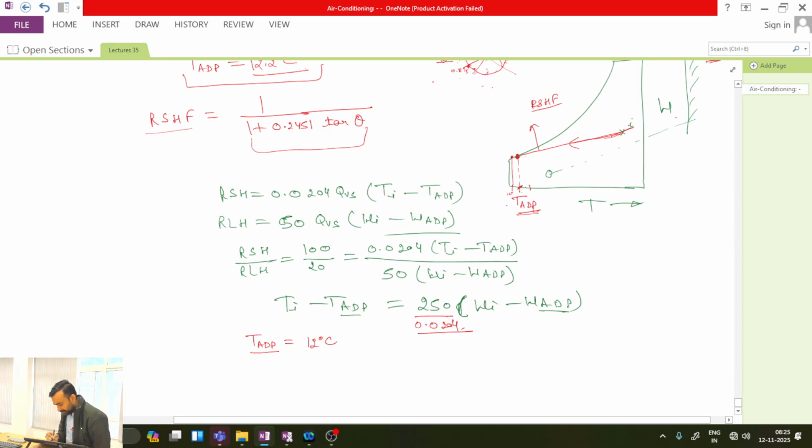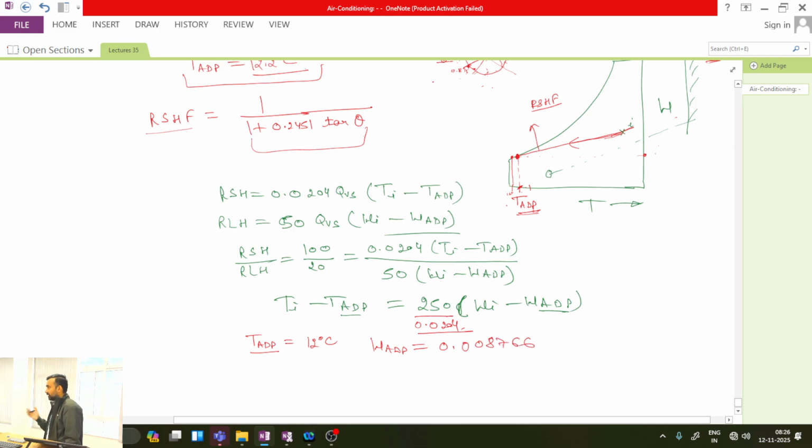From the saturated curve I will draw a horizontal line, and from here I will note down the value of W. That will be my corresponding value of WADP. Is this point clear? When 12 degrees Celsius is there, WADP is 0.008766.